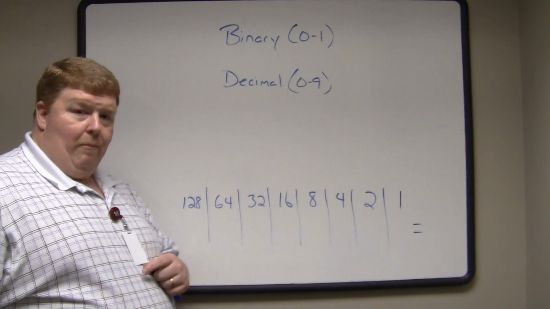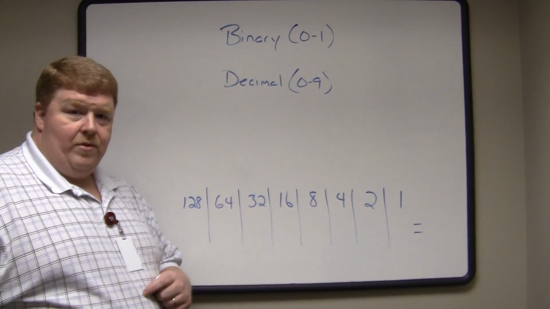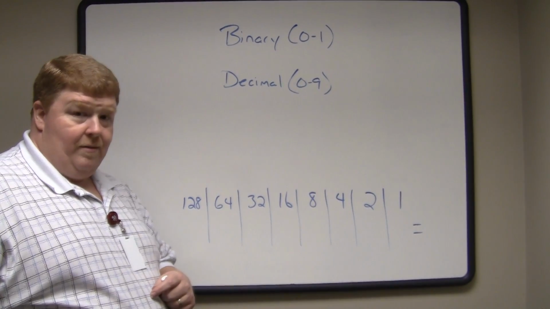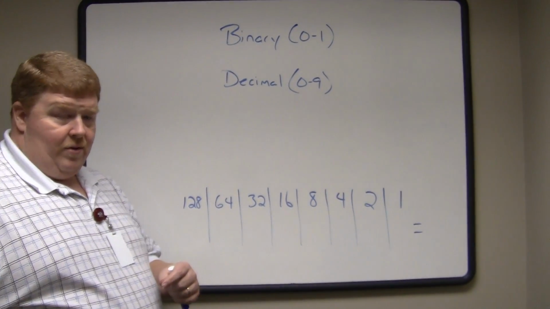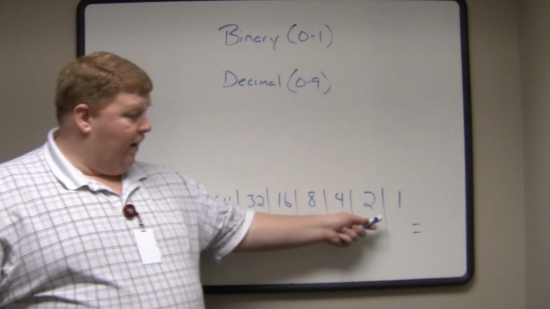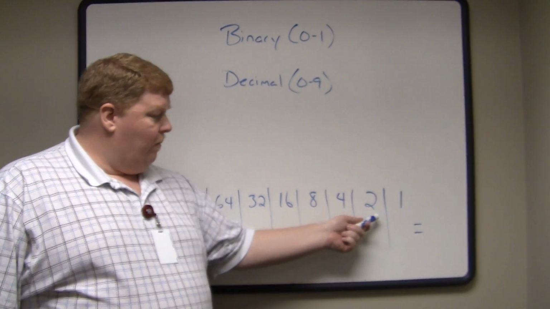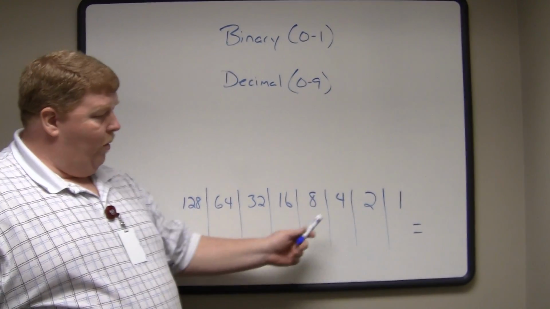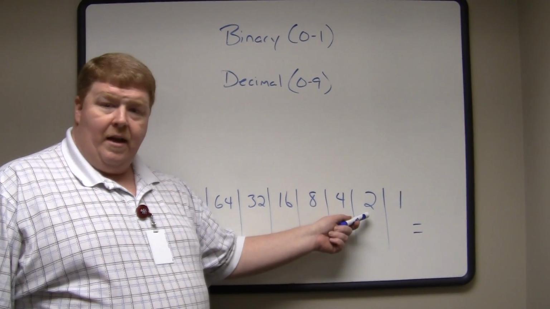If you look here at the bottom of my board, you see that I have numbers written across in columns. You may have already noticed a pattern. Starting at the far right, we have the number 1, and as we move left, we double that number and put it into the next column.